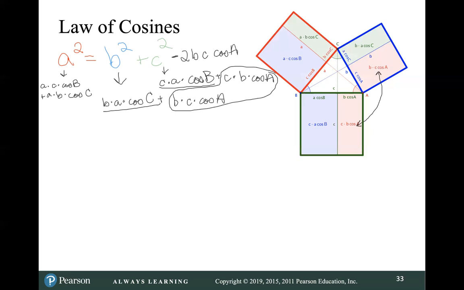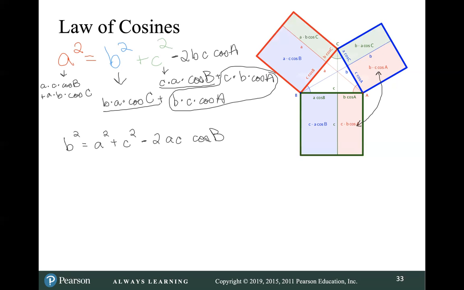That's the one we built up, but we can do the same thing for any of our side lengths. So I can also have b squared equals a squared plus c squared, but then I have to subtract, side B is blue, the two blue rectangles, 2ac cosine of b.